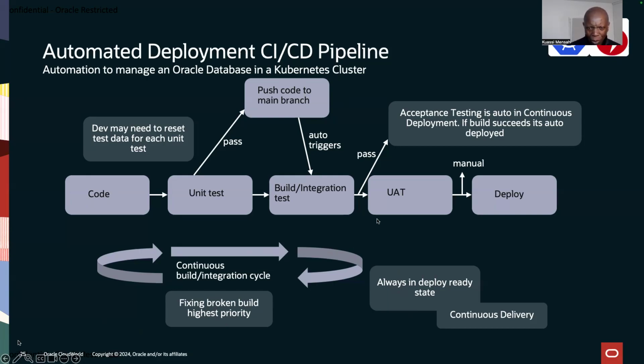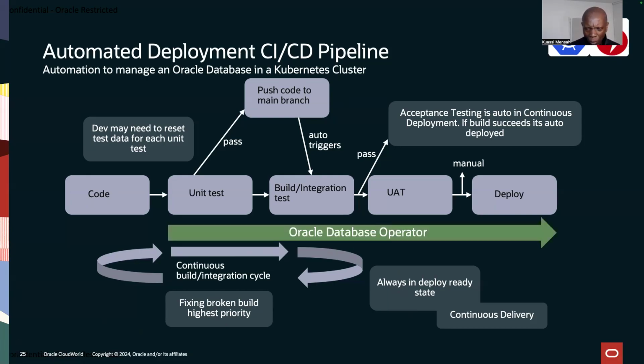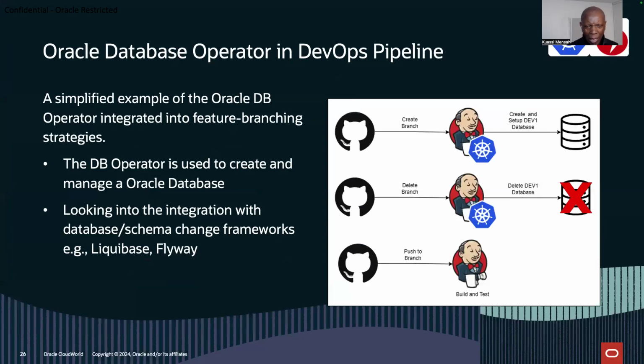Okay, so how do you incorporate the operator in this cycle? This is a simplified view of how it will work. You have Jenkins here. You create a branch, and Jenkins will set up the dev database for you. How does it do that?